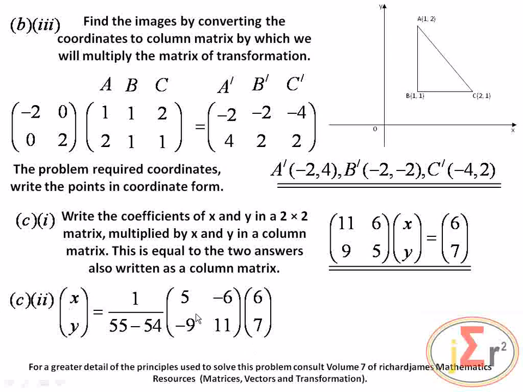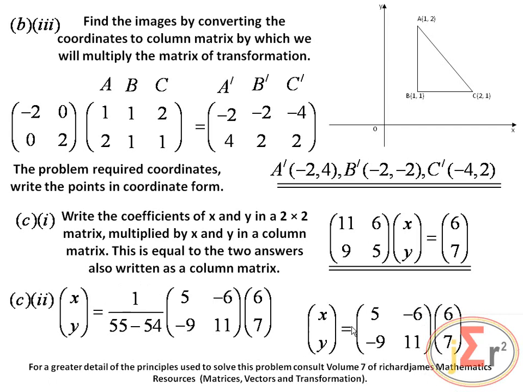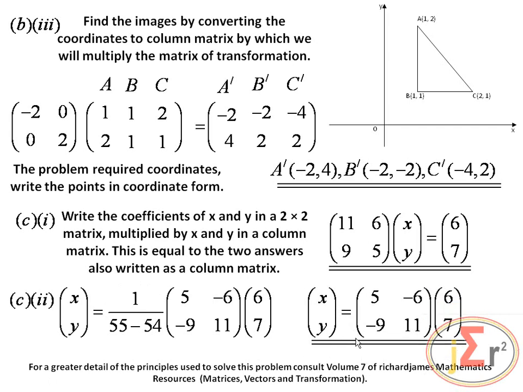Here we have the adjoint of this matrix, which is to change the places of these two, that is what we have done here, and change the signs of these two, and that we have right there. So on the left hand side, this turns out to be 1 over 1, which is equal to 1, and 1 multiplied by anything is that same thing. So we can forget about this fraction as we write the answer. So we have x, y is equal to this multiplied by 6, 7, and that's all there is to it.